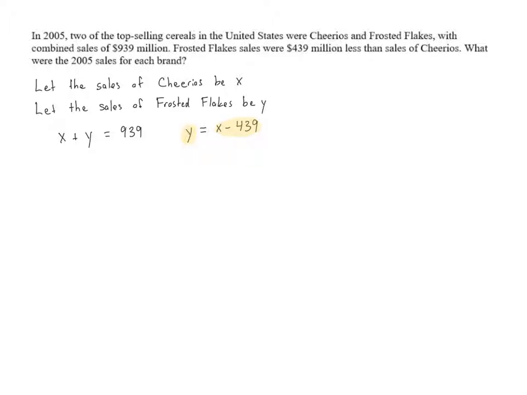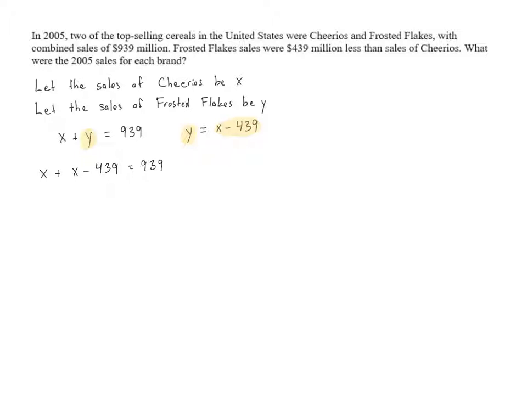So in the other equation, wherever we see a y, we can replace it with x minus 439. Let's make that substitution. That first equation becomes x plus, and instead of y, we write x minus 439, and that equals 939.